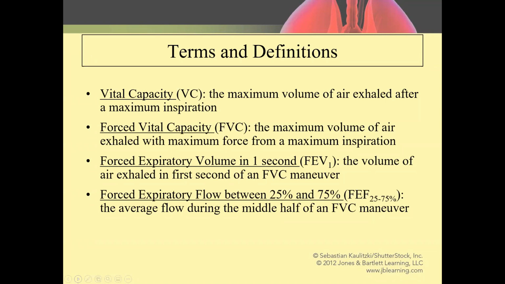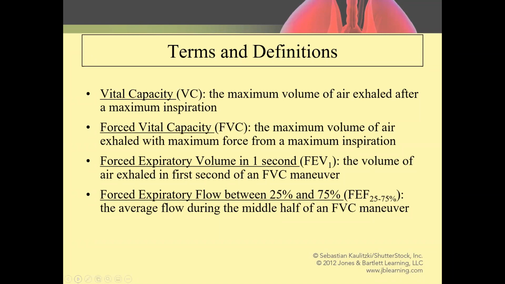They may be able to get it out, but if you have them force it out, the airways may collapse, the equal pressure point shifts, and they may not be able to get it out. The forced version may be considerably less than the slow vital capacity. So that's one of the other comparisons that can be made.